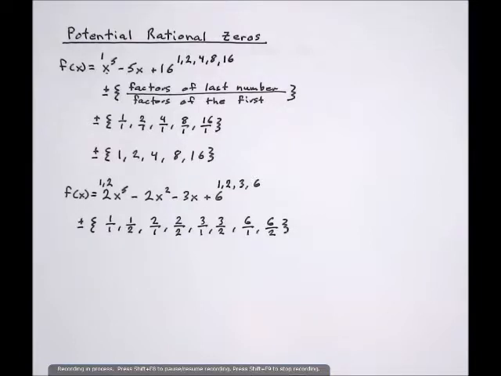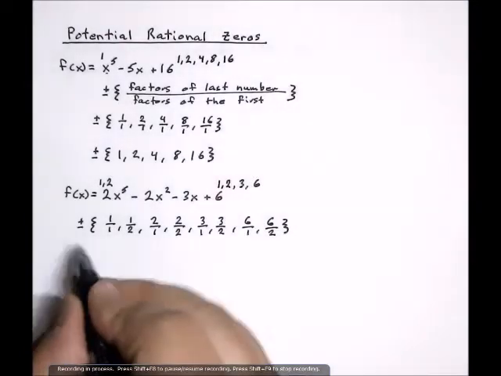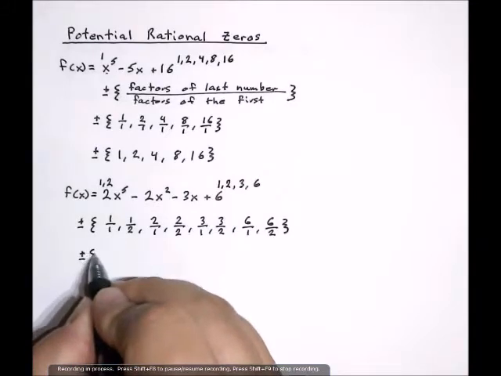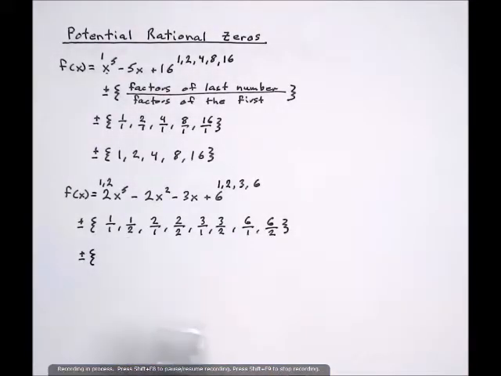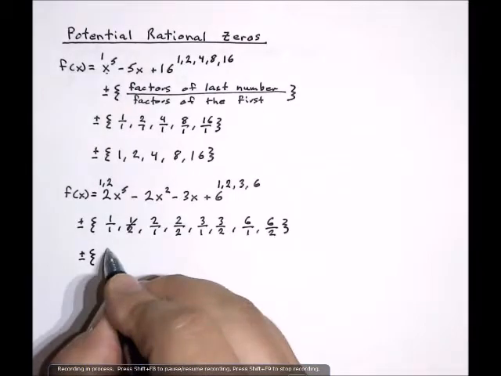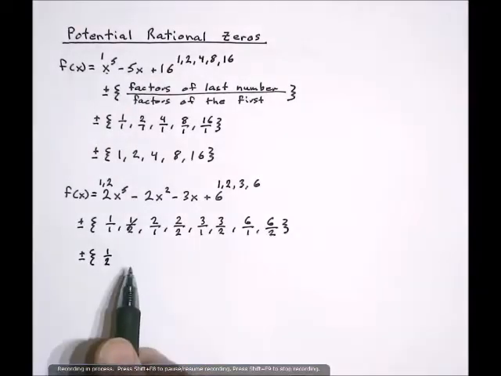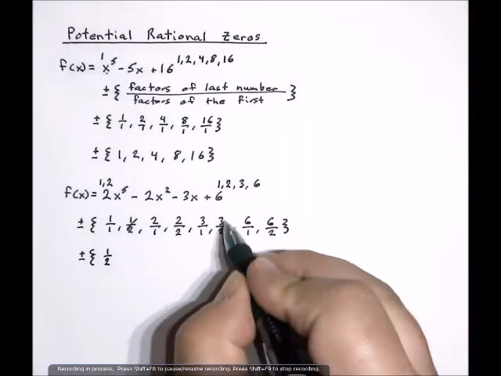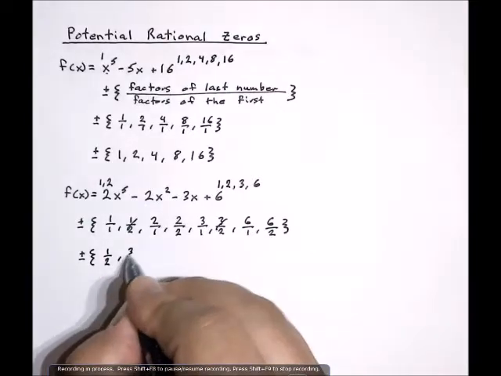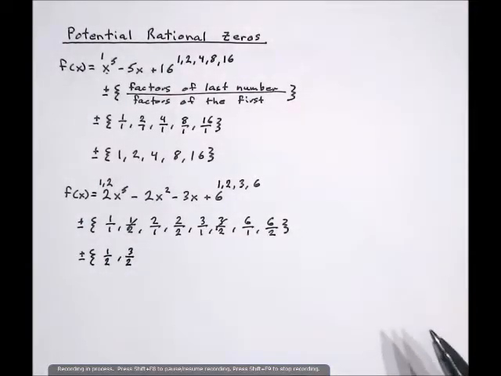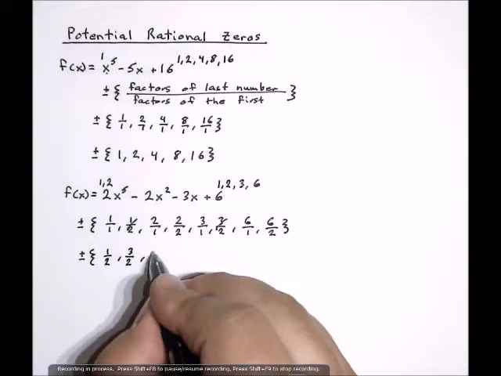And now all you have to do is simplify and remove repeats and try to put them in some sort of order. So we'll start with the 1/2, and it might help to cross them off. Let's see, let's try 3/2 next. And 1 seems like it comes next.